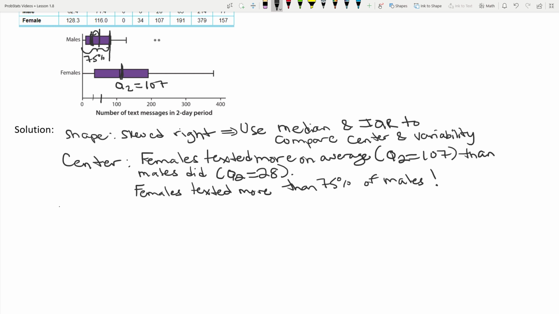Now let's talk about variability. So there's definitely a lot of variation in the female distribution compared to the males. If you look at this, the female distribution is quite spread out from left to right.